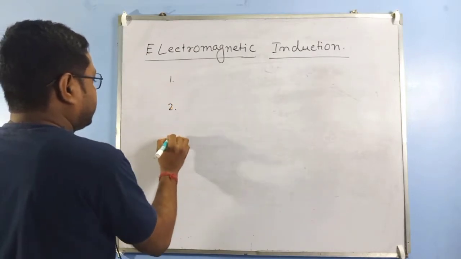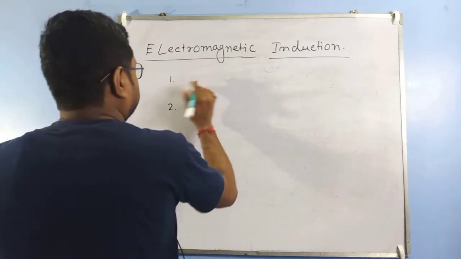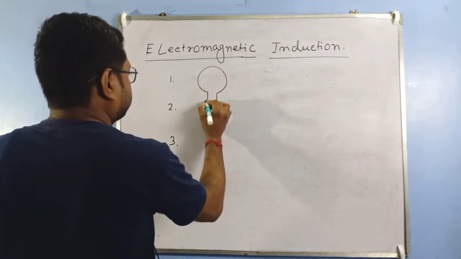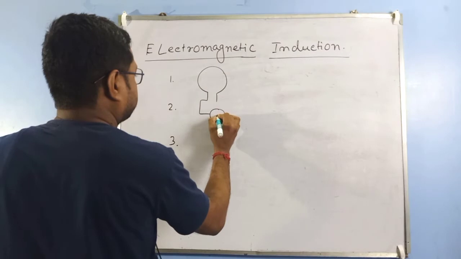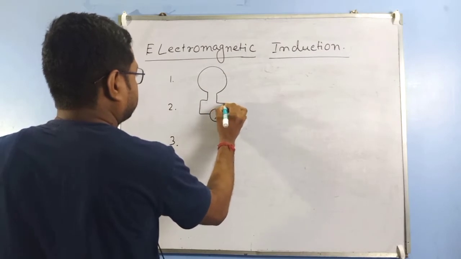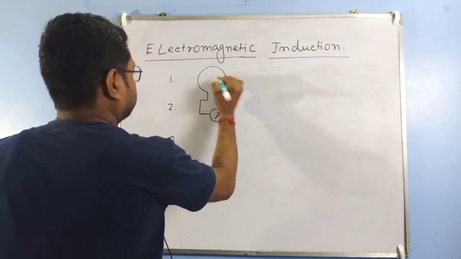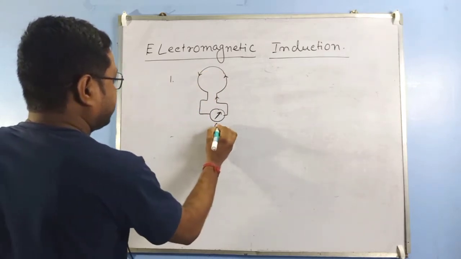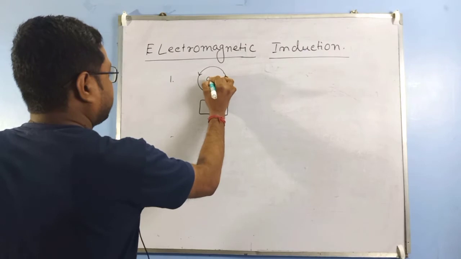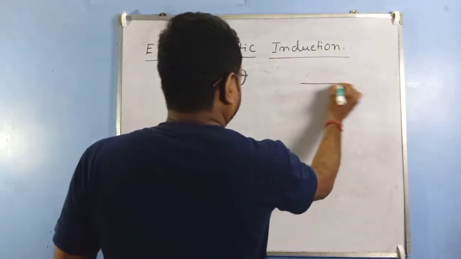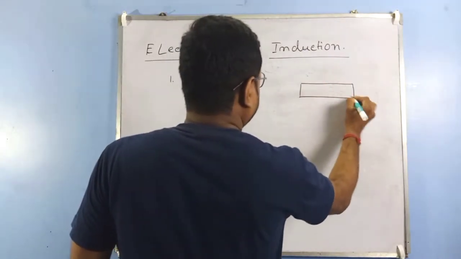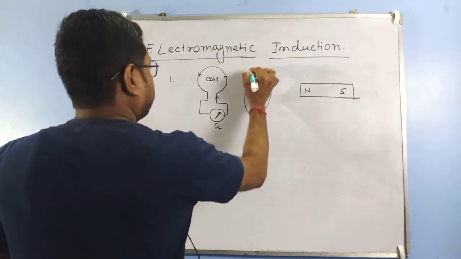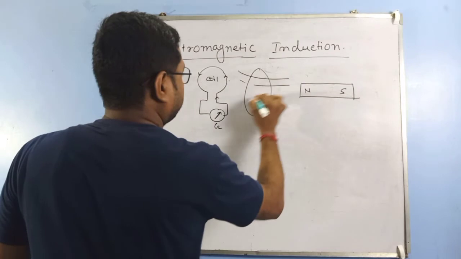Figure number 1, 2, 3. Number 1: this is a galvanometer and this is a coil, and a bar magnet whose north pole is facing towards the coil, and flux passes through it.